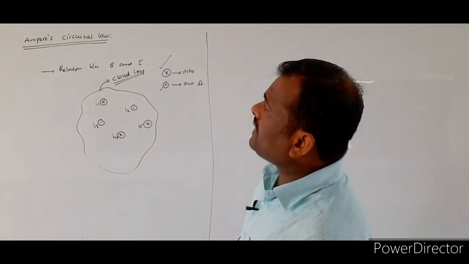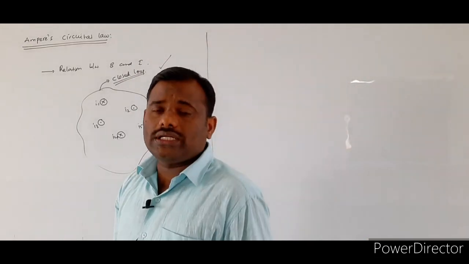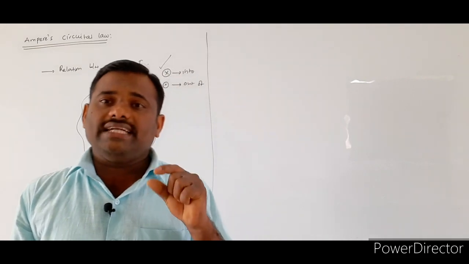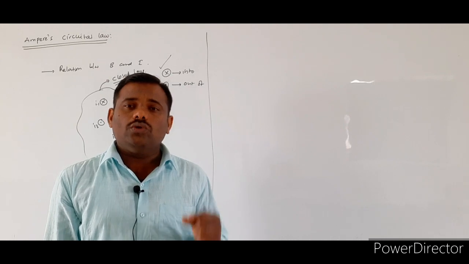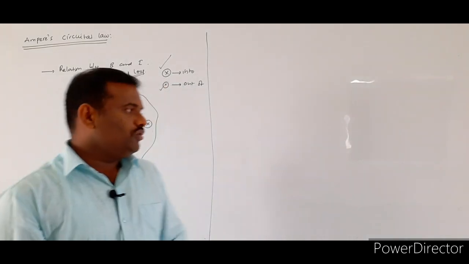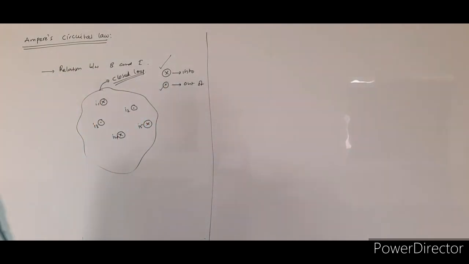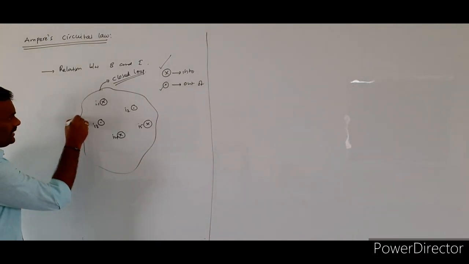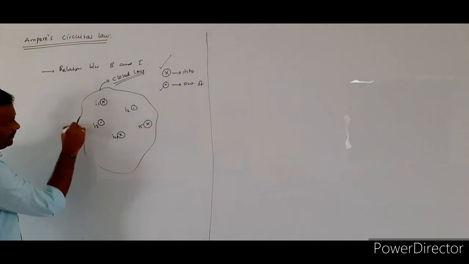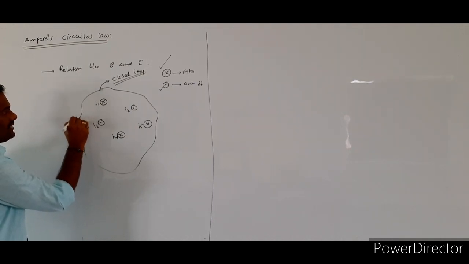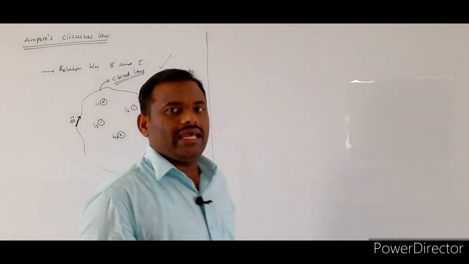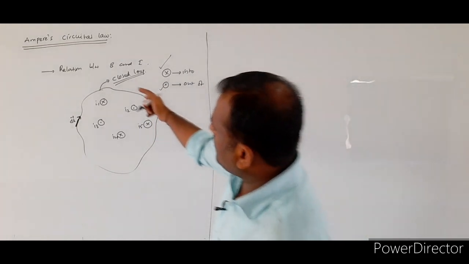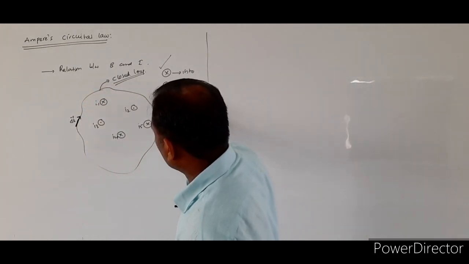Now, according to Ampere's circuital law, what did we say? The line integral of the magnetic field is equal to mu naught times the net current. So here, in this closed loop, at a particular point, we consider a small element dl bar on the periphery of the closed loop.